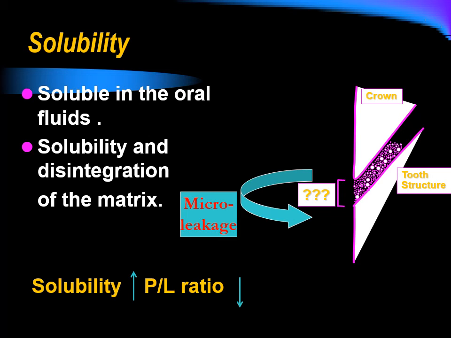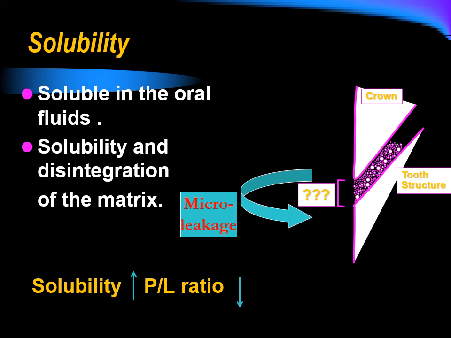If the cement dissolves from the margin of the restoration, this will lead to micro leakage, and this micro leakage will lead to deposition of saliva and food debris and make recurrent caries happen, and this is a failure of the restoration.